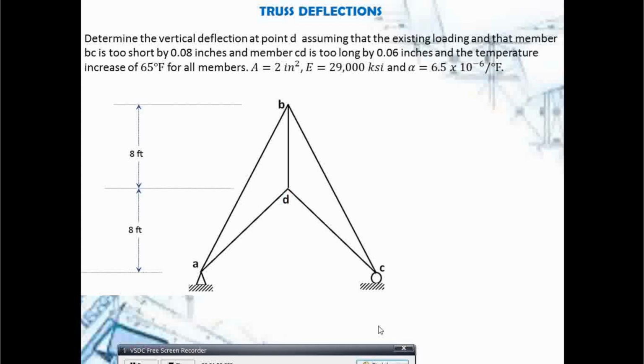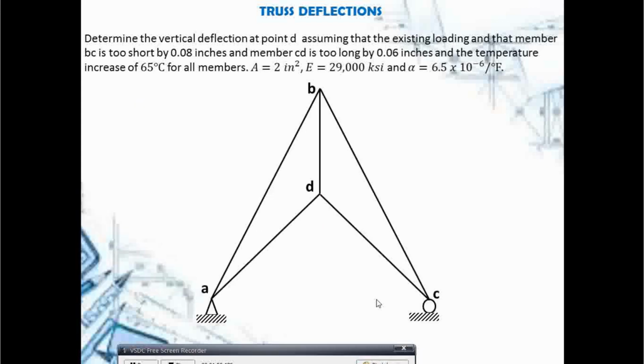Next, kapag nailagay na natin yung unit load, next step is you determine now the reactions for its support. So I use the static equations and I solve that the reactions at A and C is equal to 0.5 upwards.